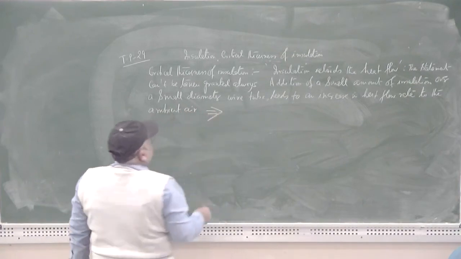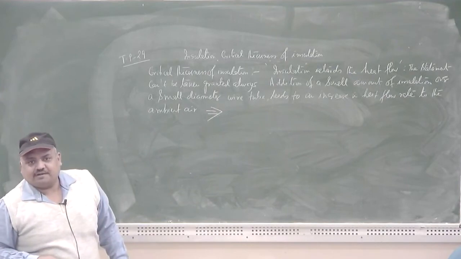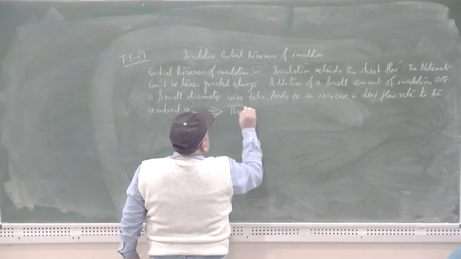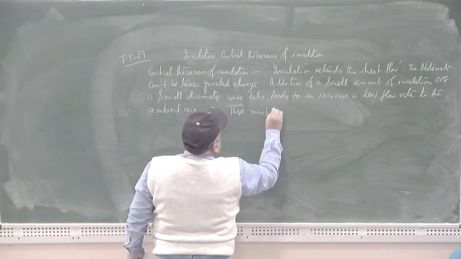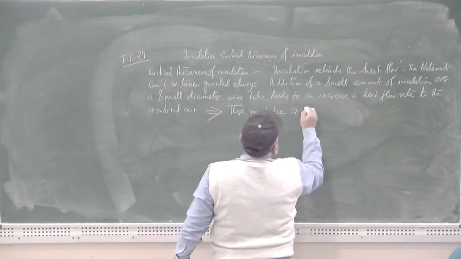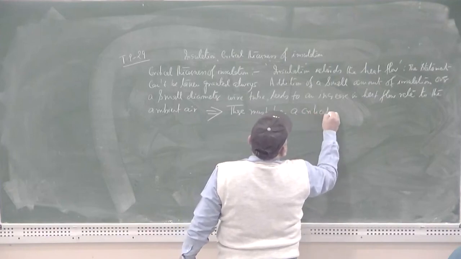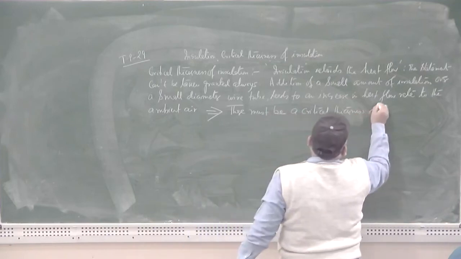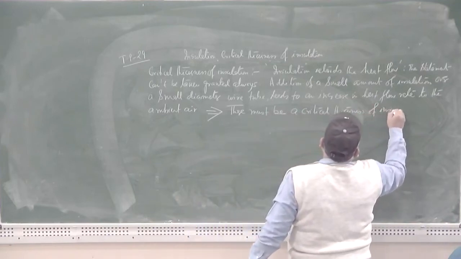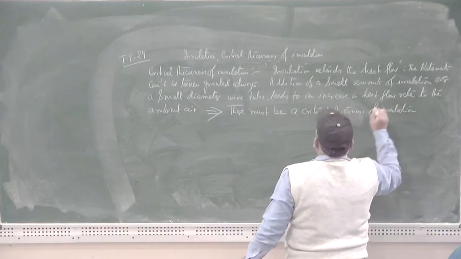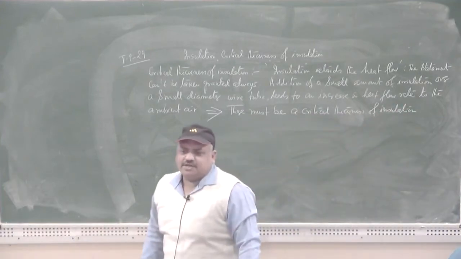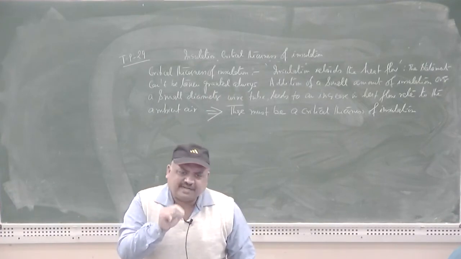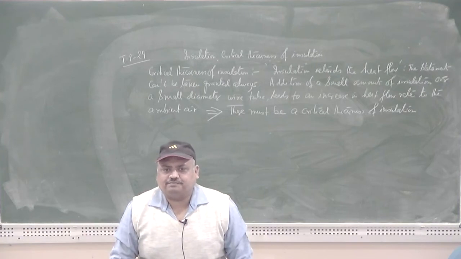It derives into the fact that there must be a critical thickness of insulation. There must be a critical thickness of insulation, and that is why it is necessary to go into the mathematics of the critical radius of insulation.